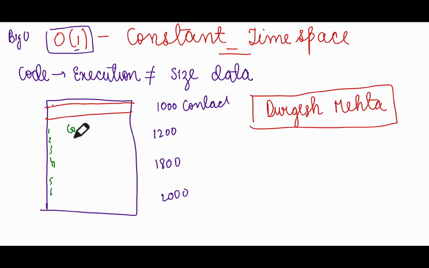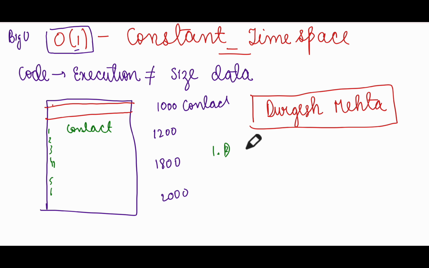Now, first of all, ask yourself: do I need to check the whole list to get the number of Durgesh Mehta? One method is that I scroll from the top to the bottom and look for Durgesh Mehta.